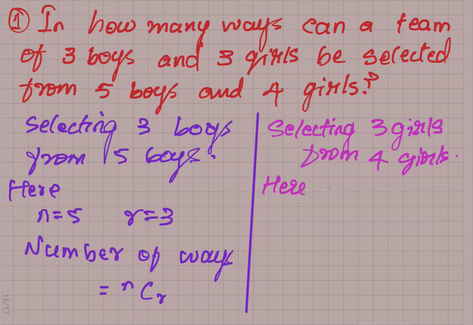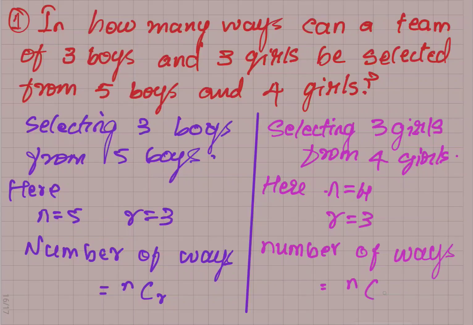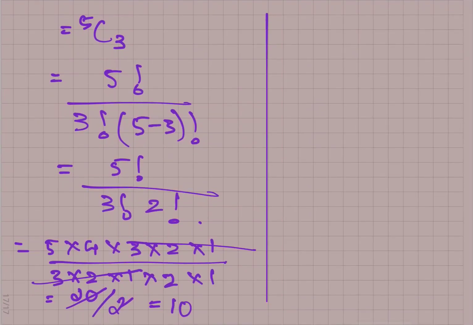Here the value of n will be 4 and the value of r is 3. Number of ways is equal to nCr. Now substituting the values in nCr, we get 4C3.